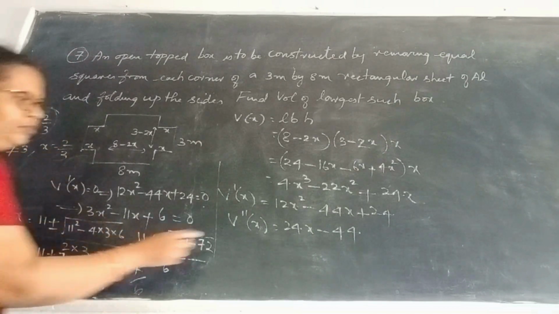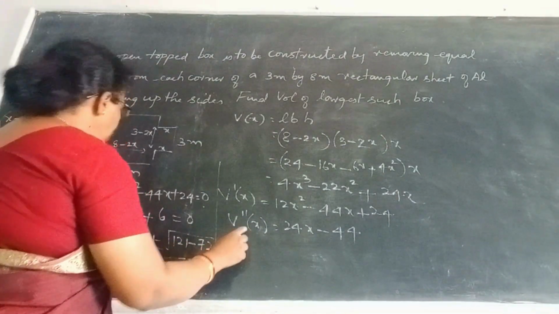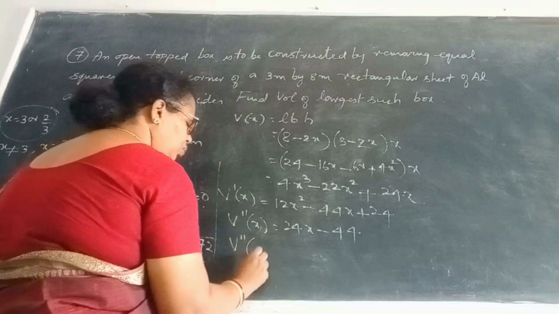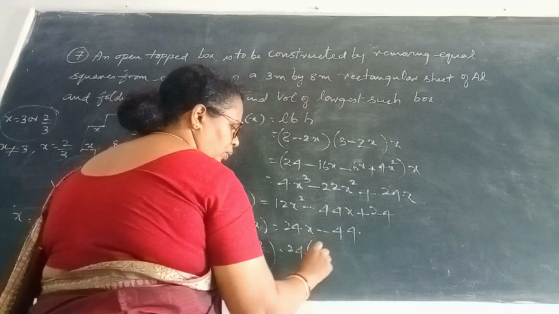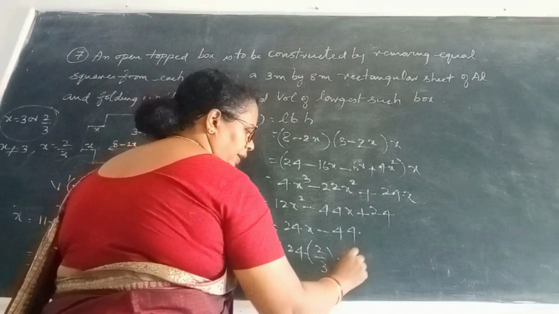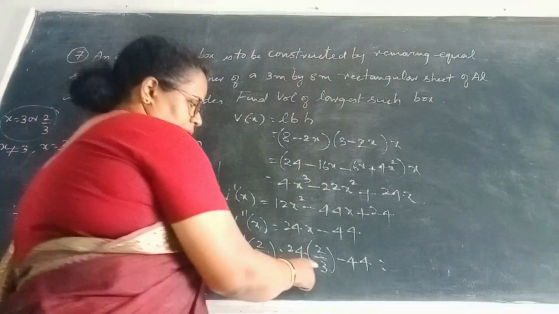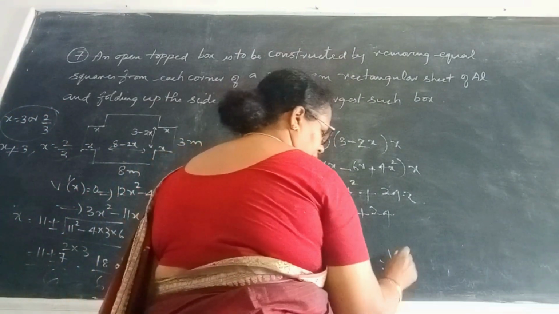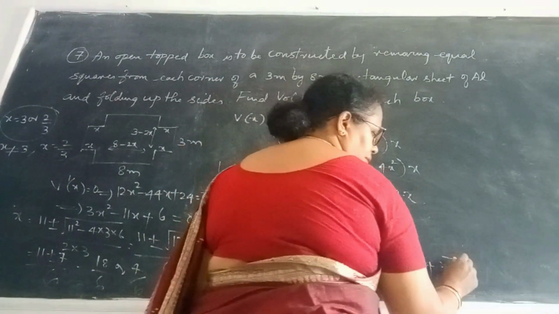With this value, we should show V'' is maxima, meaning it should be negative. What is V'' of 2 by 3? It is 24 into 2 by 3 minus 44. So simplify: 8 into 2, 16, minus 44, negative 28.